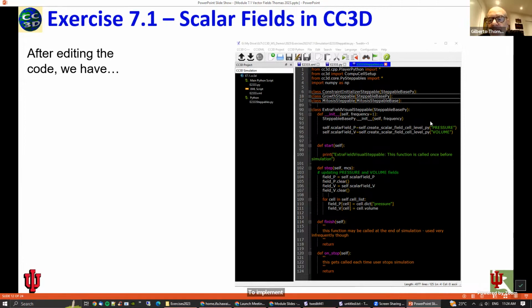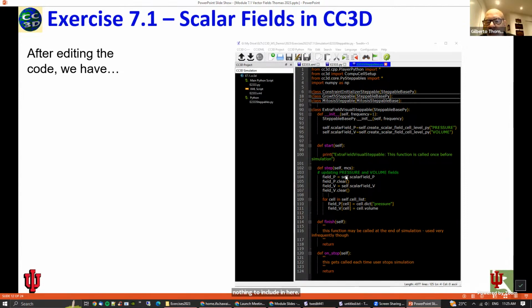I'm creating two Scalar fields here, one to show the pressure, one to show the volume of the cells in that old exercise we had. So I created two Scalar fields here, self.scalarP and self.scalarV, for pressure and volume, and I gave them the names pressure and volume. In the start function, there is nothing to include, only in the init part.